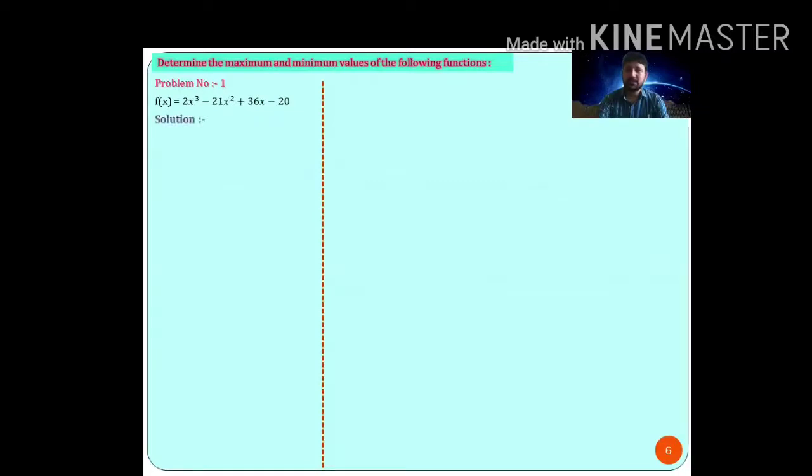Step number 1: calculate the derivative values f'(x) and f''(x). First we find the derivatives for the given function f(x).